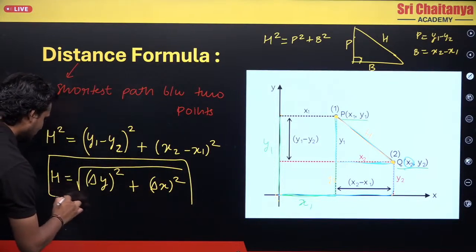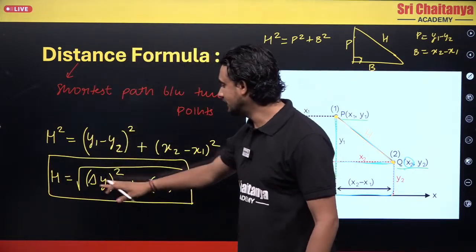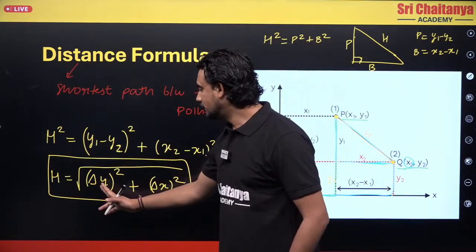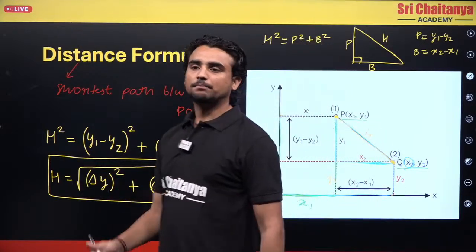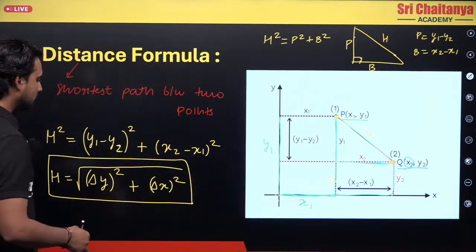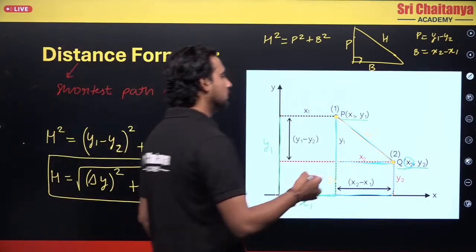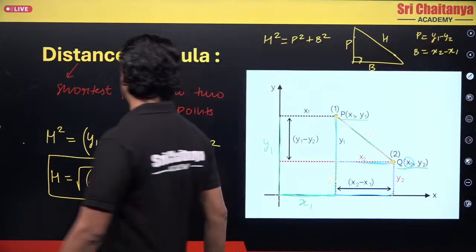So to find the distance between any two points, we take the difference of the coordinate squares. But what if I have a third coordinate? Let's suppose I have the z coordinate as well. This is in case of 2D.